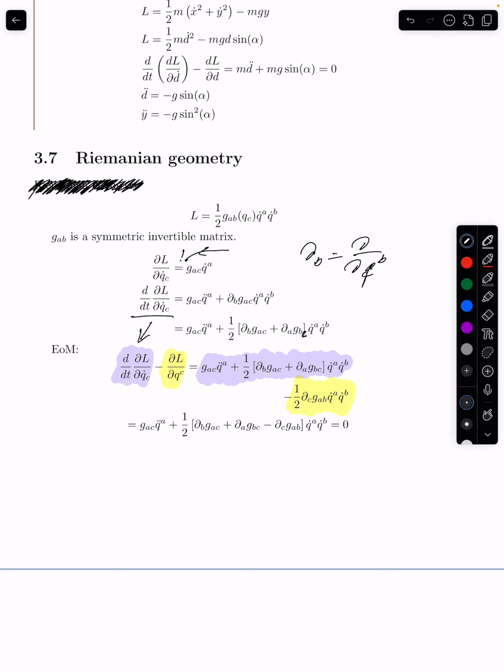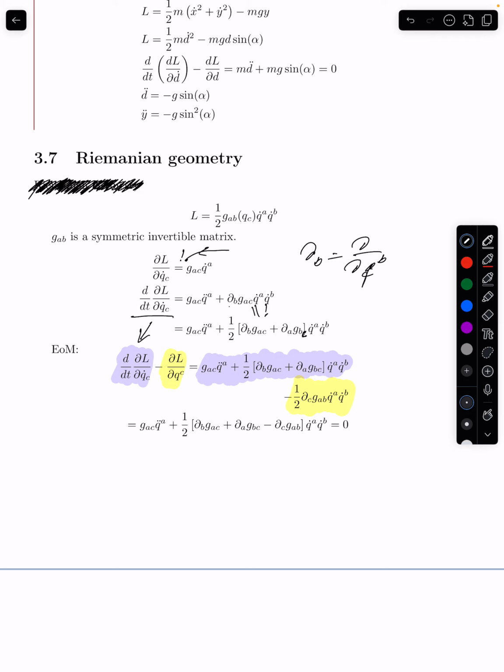I just split this term into two pieces with a factor of 1/2, and after that, I relabeled some indices to get this final result. By any means, this is just equal to that, and you can prove this by operating with dummy indices. As I said in the past, I'm not going to go through this in detail. I hope you are confident with manipulating the dummy indices and proving such identities. I do expect you to be really good at it.